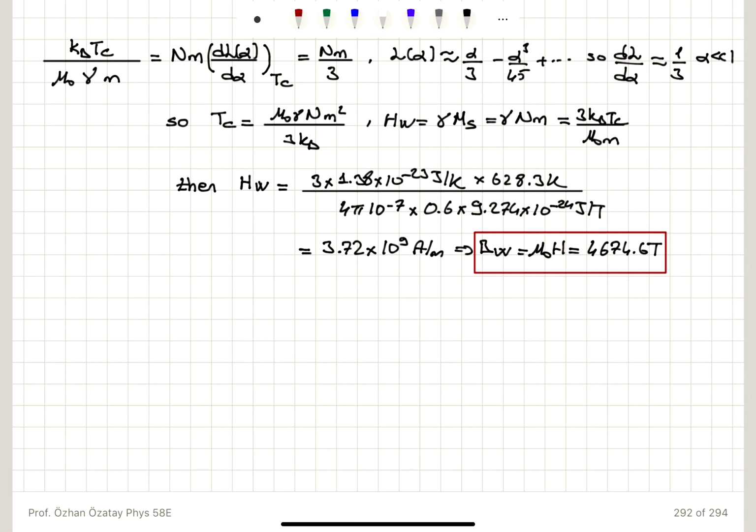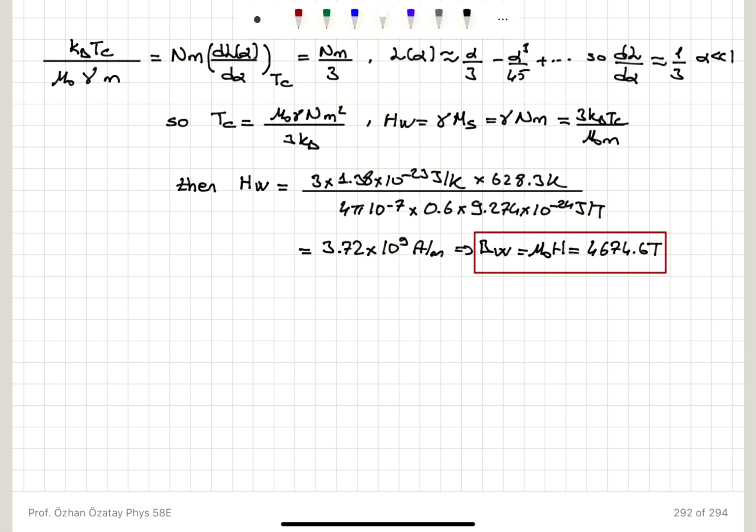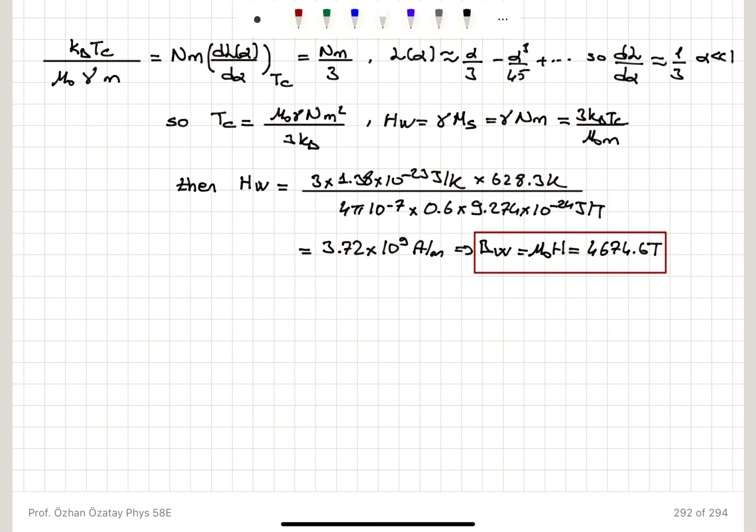And if we look at the two slopes, we see that kB Tc over mu0 gamma m should be equal to N m times the slope of the Langevin function for small alpha, which is N m over 3. So this gives us a Tc of mu0 gamma N m squared over 3 kB, and the Weiss molecular field that we will calculate according to Weiss theory will be equal to gamma times saturation magnetization, which is approximately equal to N times m.